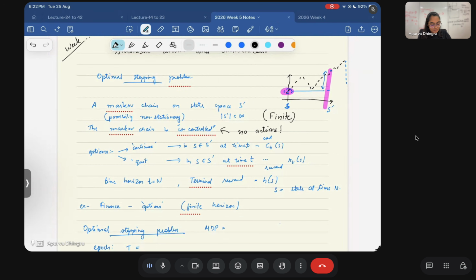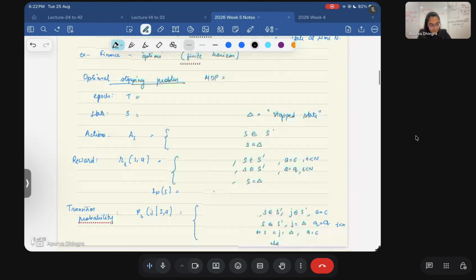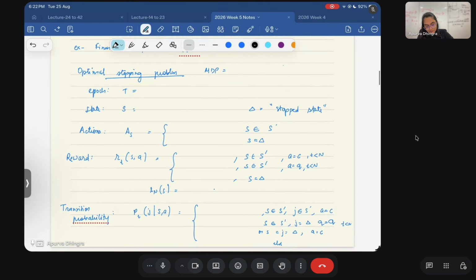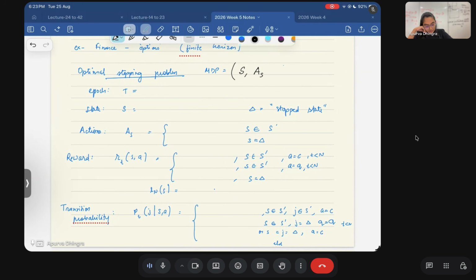Okay, now let's define all of these things a bit more formally. So we know an MDP requires a state space, and a corresponding action space, rather, it's the union over all states in the state space. Then there is a time horizon.